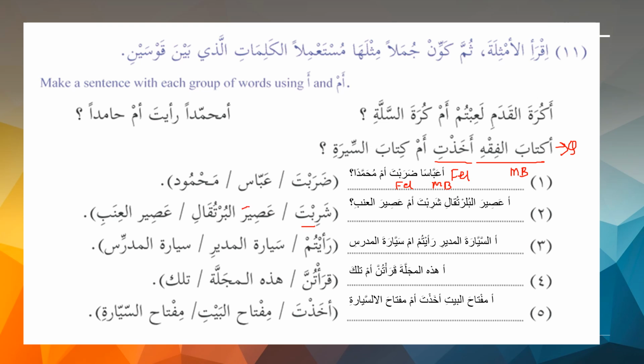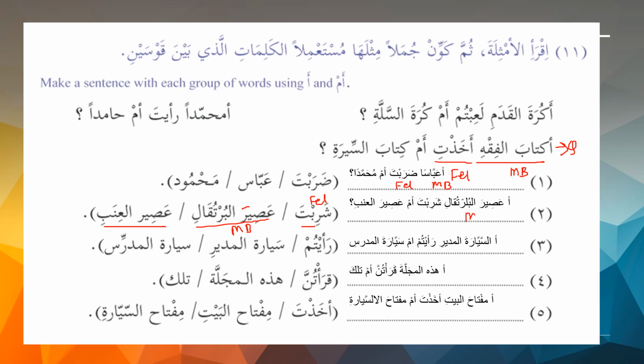So this is our maf'ulun bihi. So you need to mark the maf'ul bihi and remember that you have to put the maf'ul bihi first and you need to put the fail afterwards, after the maf'ulun bihi. And the last noun will be after. So our question structure will be asir al-burtuqali sharibta.